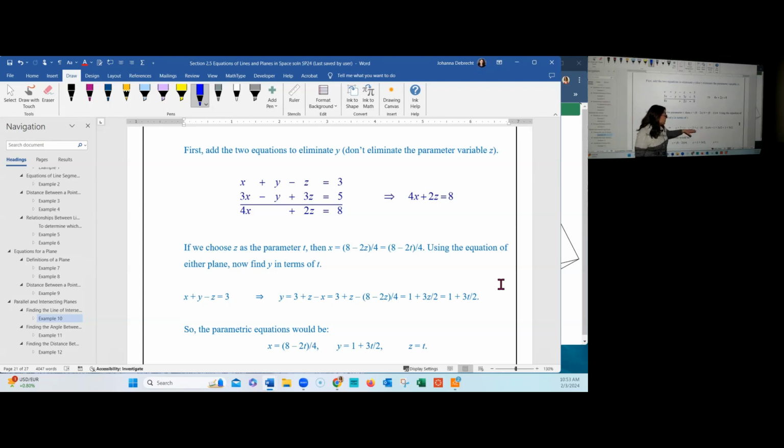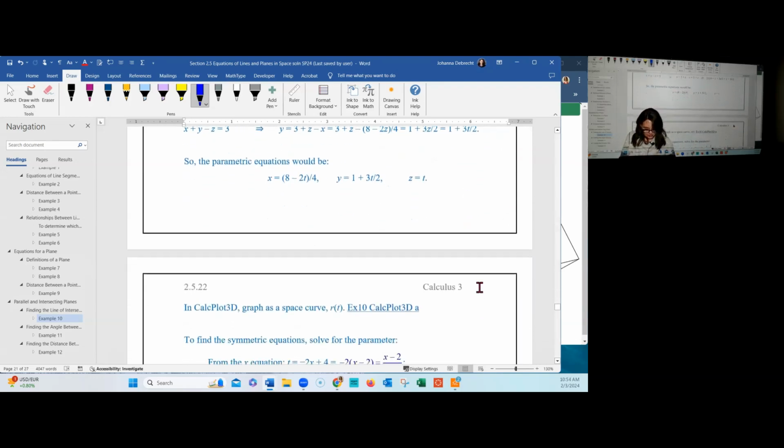This will give me another equation for y in terms of z. And then I have three parametric equations: x in terms of z, y in terms of z, and z is itself, right? And I replace the z with a parameter t.